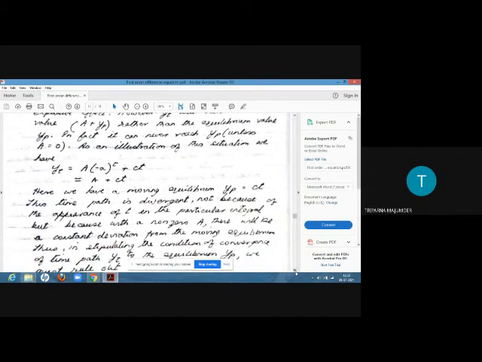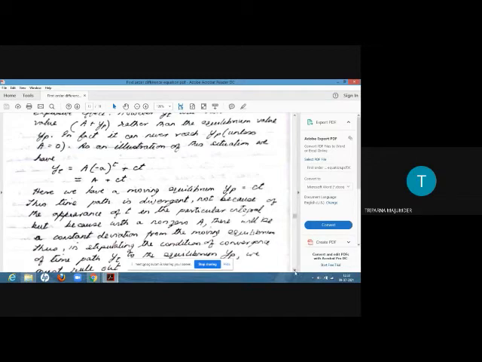This time path is divergent, not because of the appearance of t in the particular integral, but because with a non-zero A, there will be a constant deviation from the moving equilibrium.